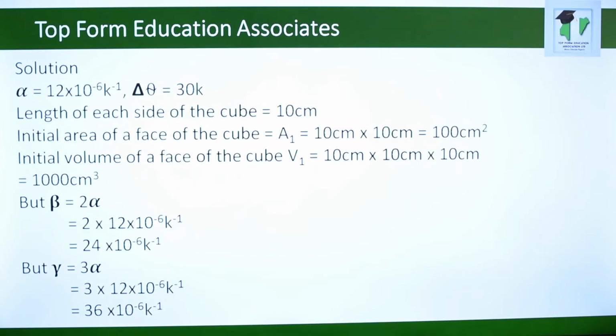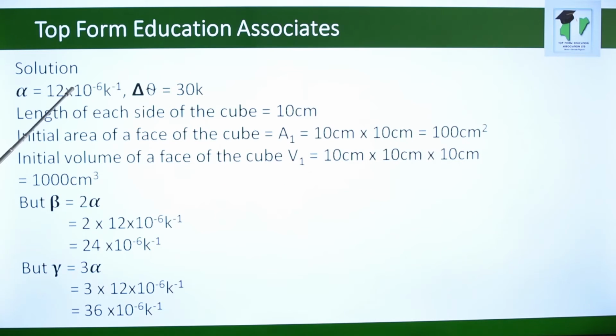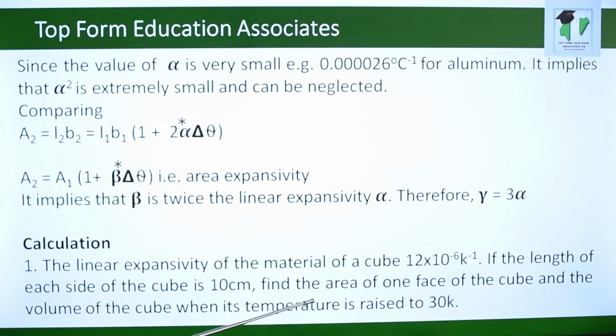I want to analyze the question and bring out the values we have. Now the alpha there, the linear expansivity, is 12 times 10 to the power minus 6 per Kelvin. You can see it here. Now change in theta from here is 30 Kelvin.